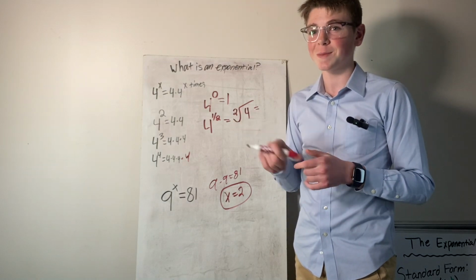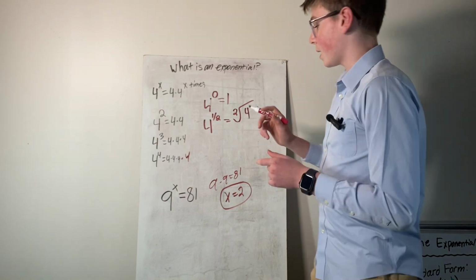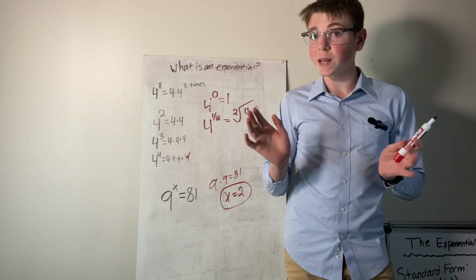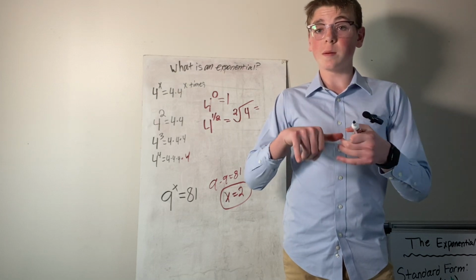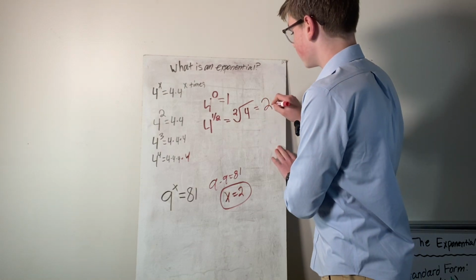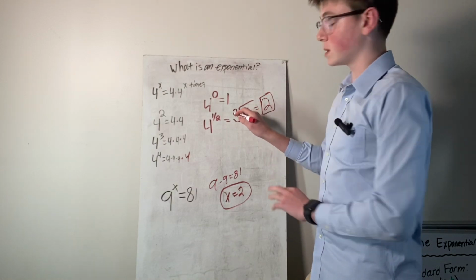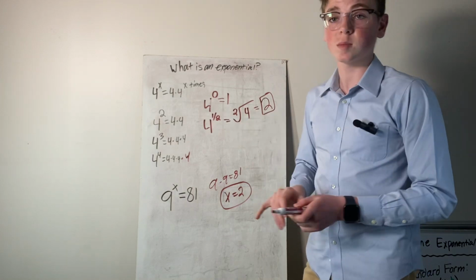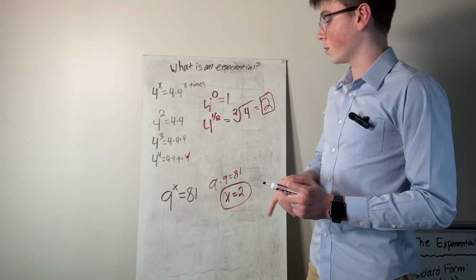So this is also a little bit of exponential. What number times itself is 4? That would be 2, 2 times itself. So it has to be a number times itself this many times equals the number under the root.